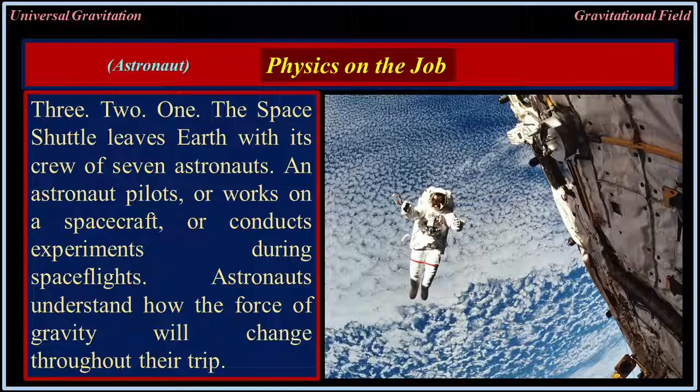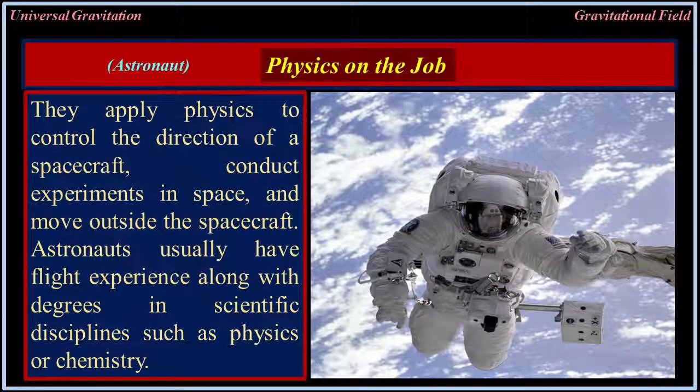Here's a spacewalk from the space station or space shuttle. They apply physics to control the direction of a spacecraft, conduct experiments in space, and move outside the spacecraft. Astronauts usually have flight experience along with degrees in scientific disciplines such as physics or chemistry.